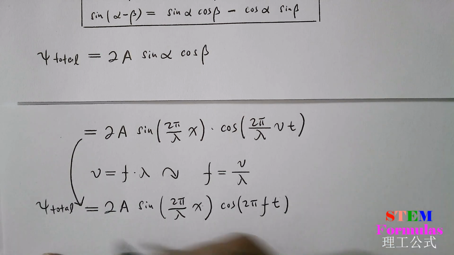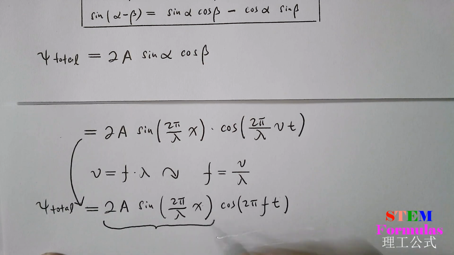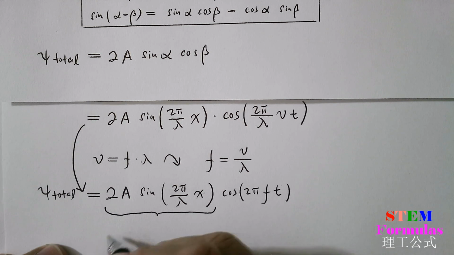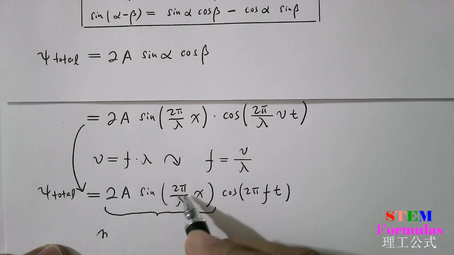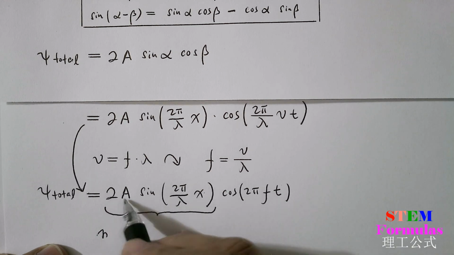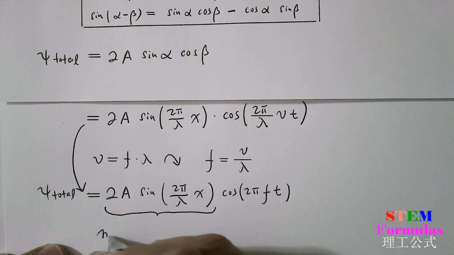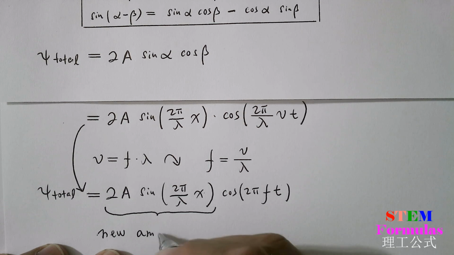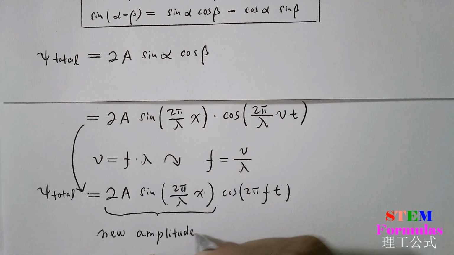And the first part, 2A times sine of 2 pi over lambda times x, we call the new amplitude factor.